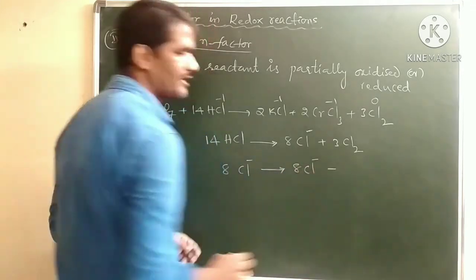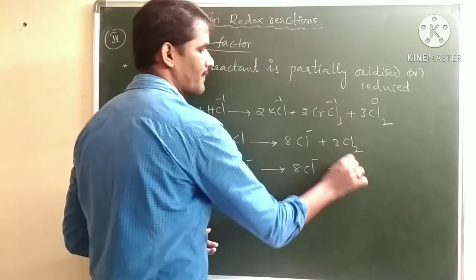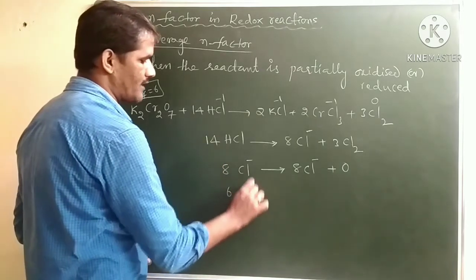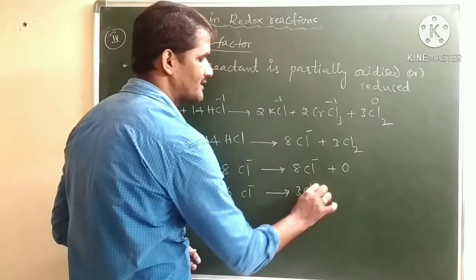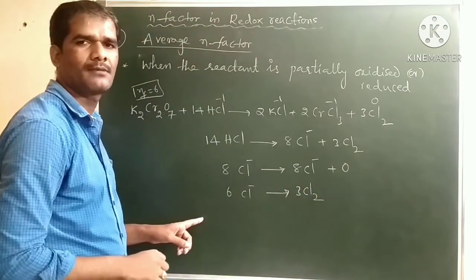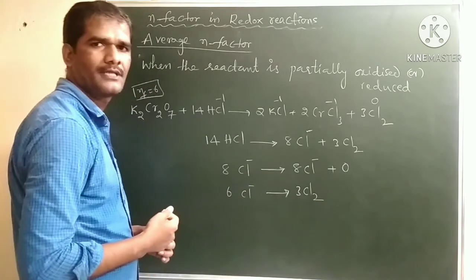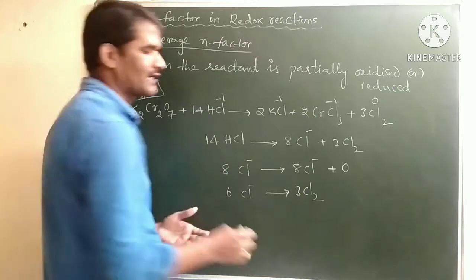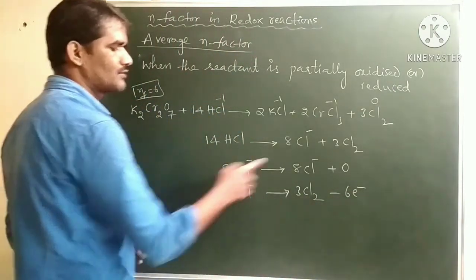In this case, the number of electrons gained or lost is 0. And next, the remaining 6 chloride ions are converting into 3Cl2. In this case, the change is -1 to 0, which means it is increasing oxidation state. It loses 6 electrons to convert -1 to 0.